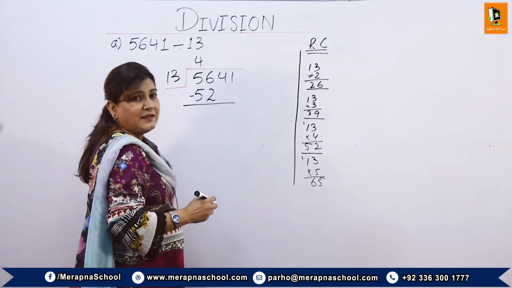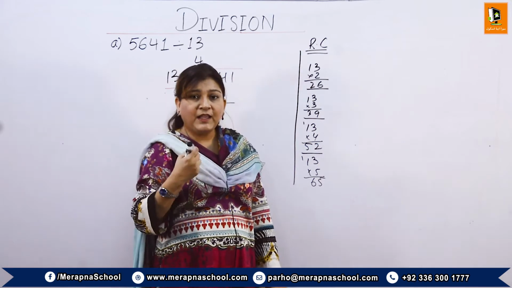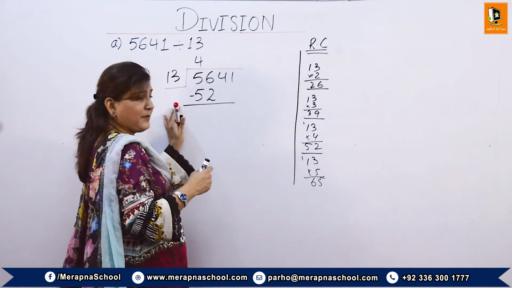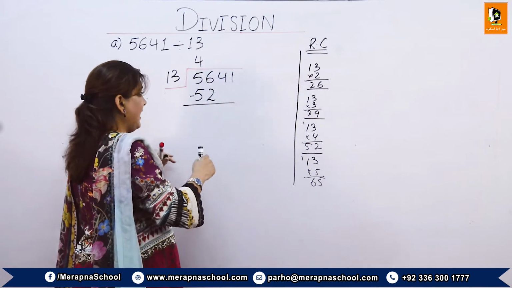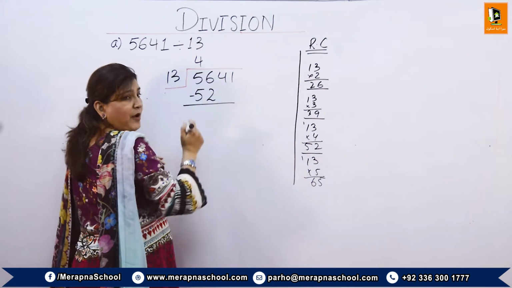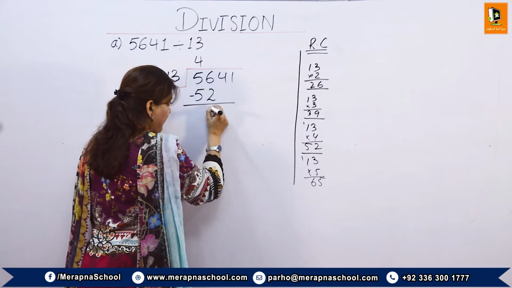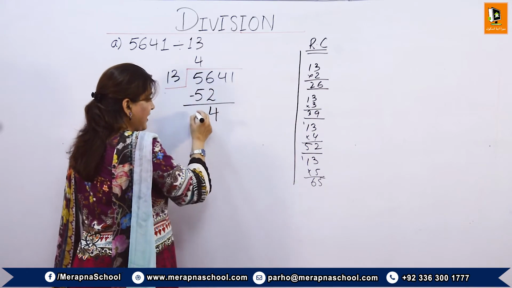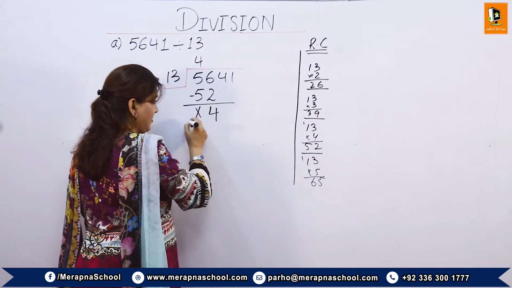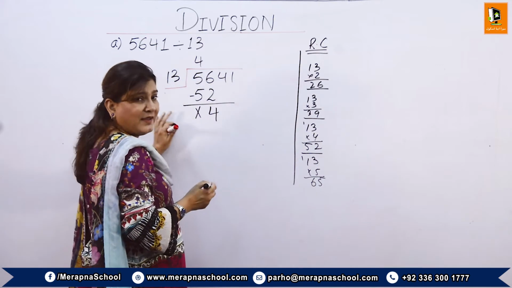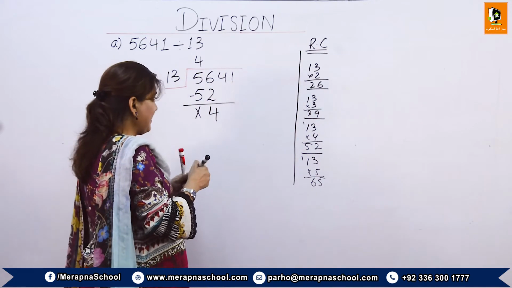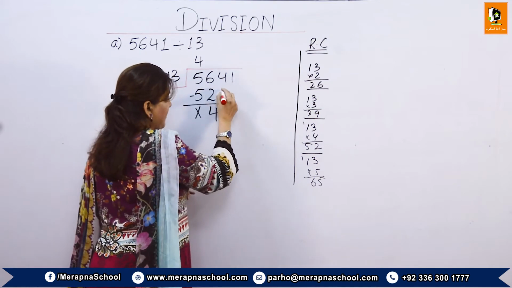After copying the answer from the table, we have to subtract. So I write the subtraction sign, this minus, and then 6 minus 2, how much? 4. And 5 minus 5, 0. So I put a cross here. Now 4 is smaller than 13, so we copy the next number, that is 4.